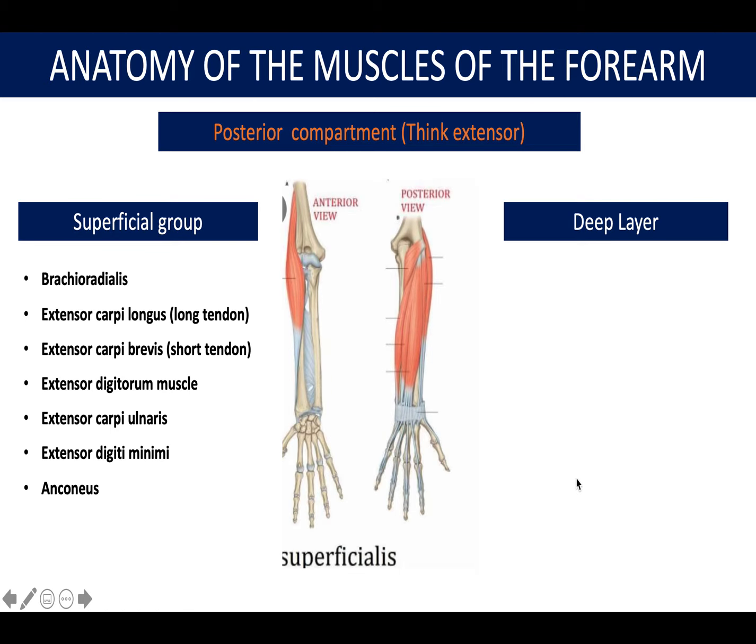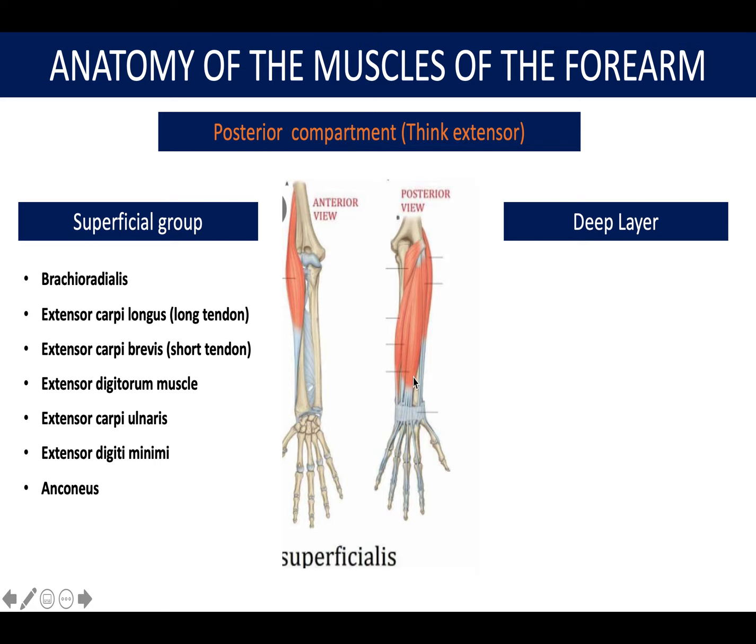In front of you we have an image, the anterior view of the superficial group. Where the mouse is pointing now represents brachioradialis. The next one down would be extensor carpi longus, because you can follow it down with a long tendon. Extensor carpi brevis is not shown here.